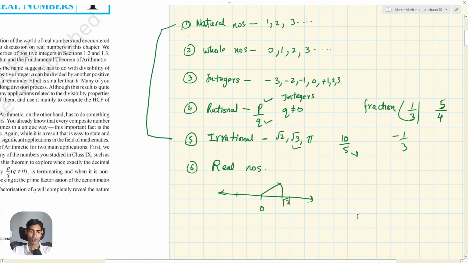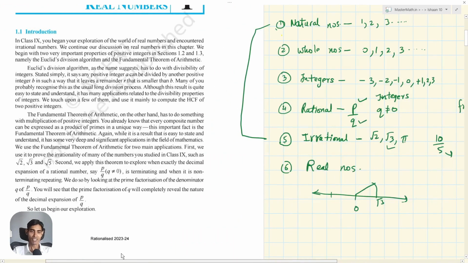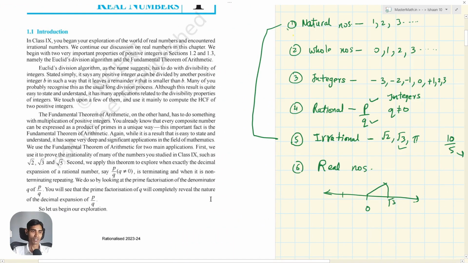Okay, so this is a little bit of the basics of numbers. Now, the topics in this chapter are basically simple, like prime numbers and composite numbers. The difficult topic was Euclid's division algorithm, which is removed.